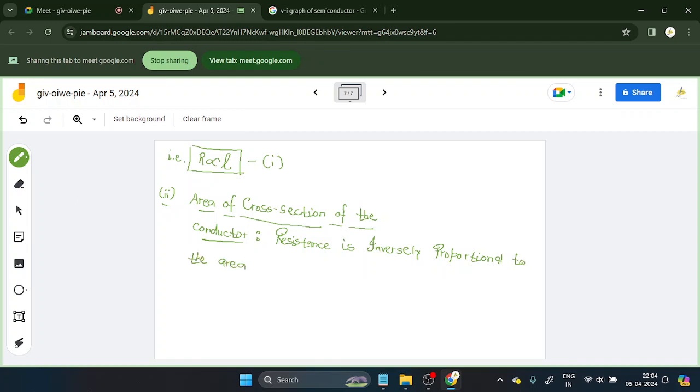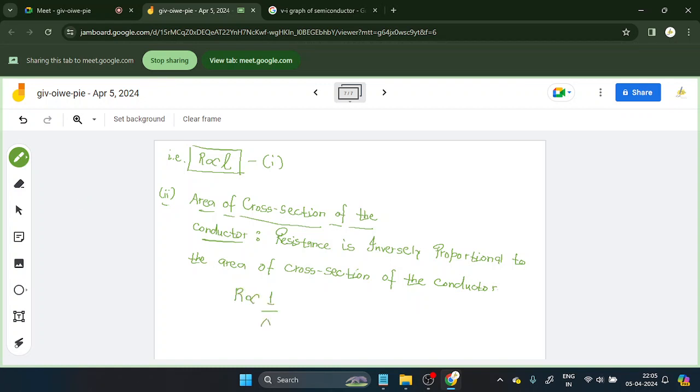Clear? Okay. So I can write R is inversely proportional to area.